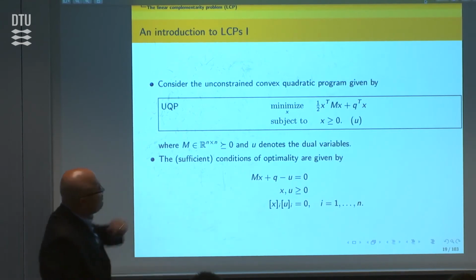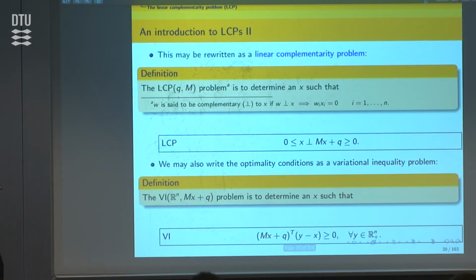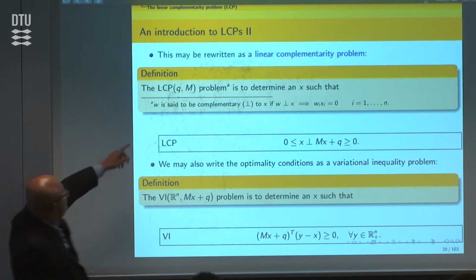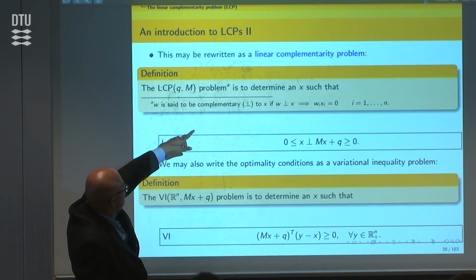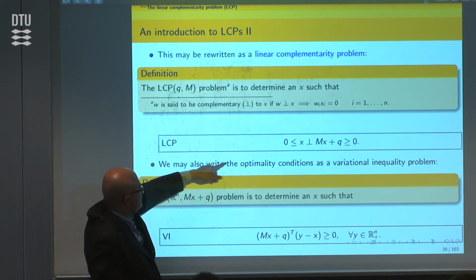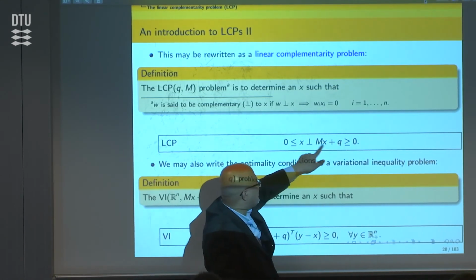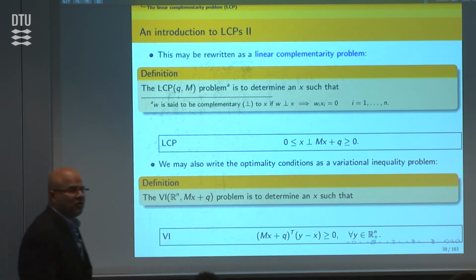So now I've got this set of optimality conditions, and it turns out they are precisely the linear complementarity problem that I'm interested in. The LCP is to determine an x such that x is non-negative, Mx plus q is non-negative, and x and Mx plus q are orthogonal. Okay.